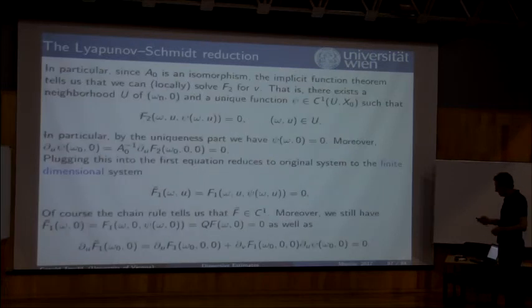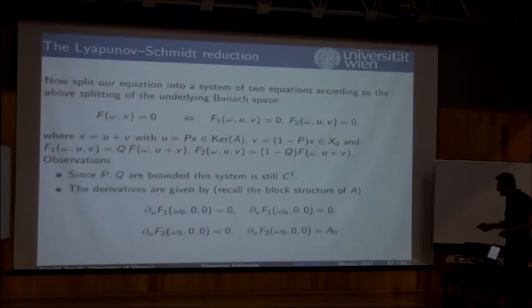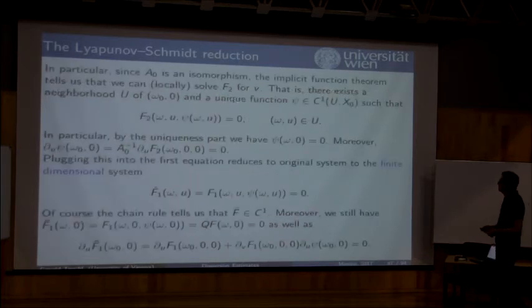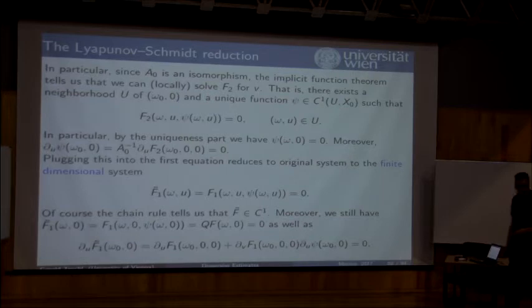Okay, and you can see it already here. This now is invertible. So for this piece, we can apply the inverse function theorem, and this is of course precisely what we're going to do. We are going to apply the inverse function theorem and locally solve the F2 component. And please remember, the F2 component is the infinite dimensional one.